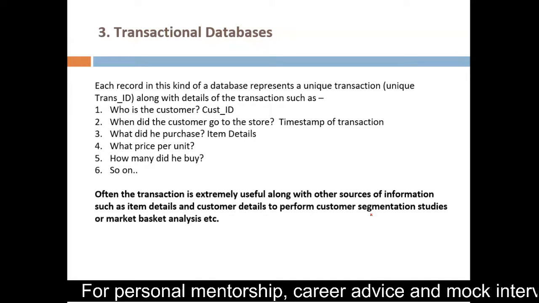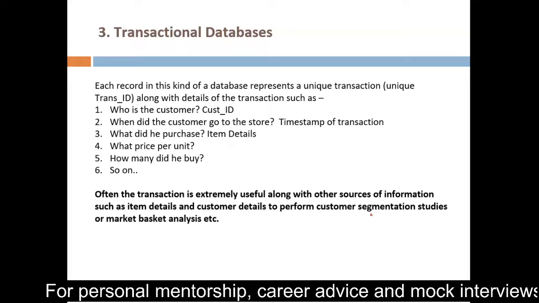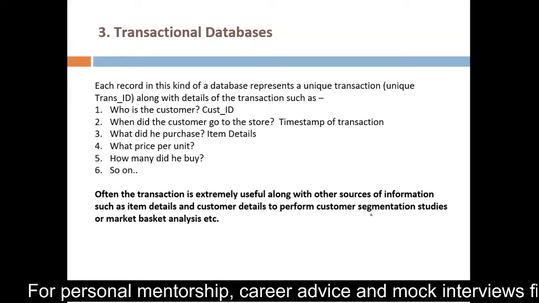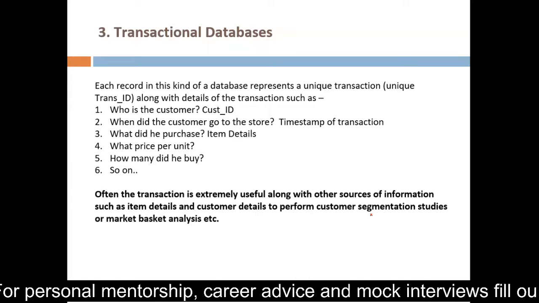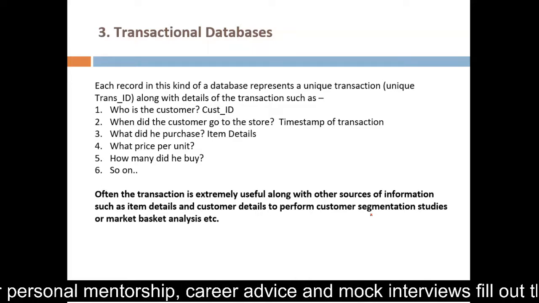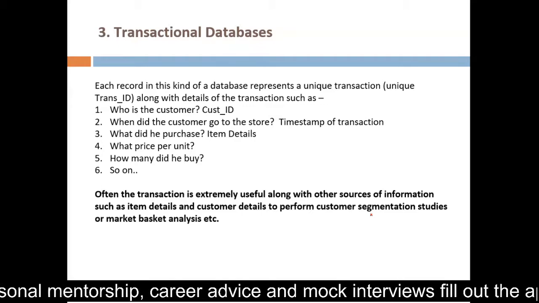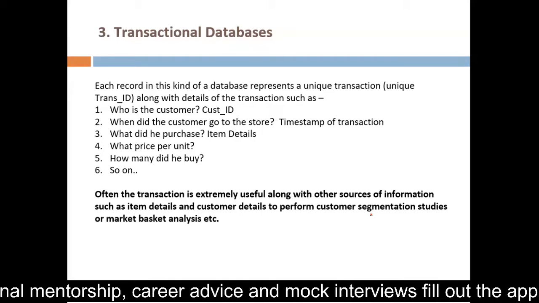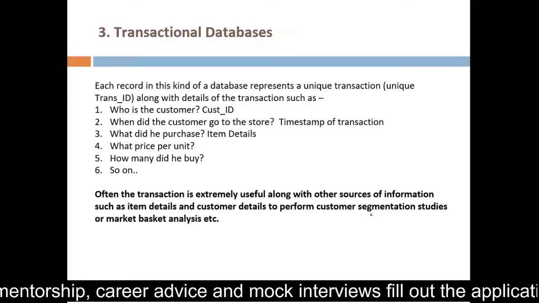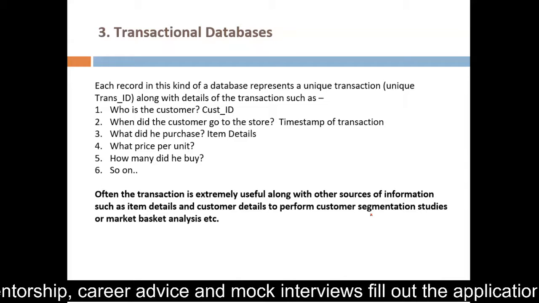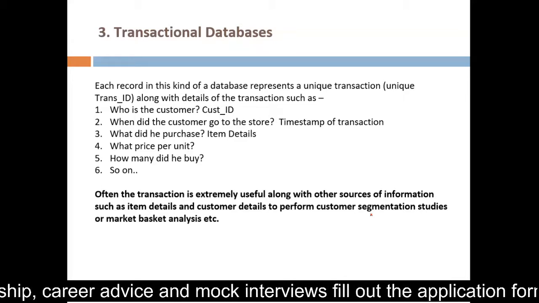So there's a unique trans ID, or you could name that column or attribute in any different way. What this unique identifier tells us is that this is one particular unique transaction of a shopper or a customer. There are also additional details in the transaction level database, which is very common, which includes who the customer is. Often this variable is called cust ID or simply customer ID, things like that.